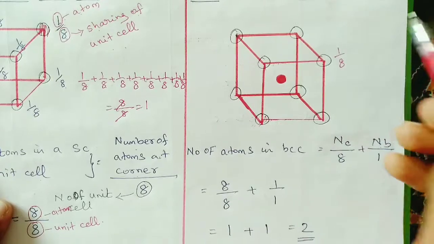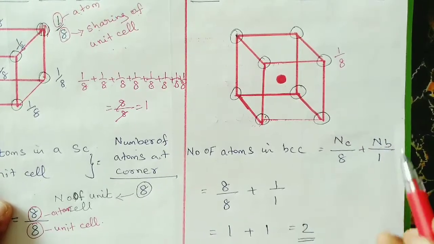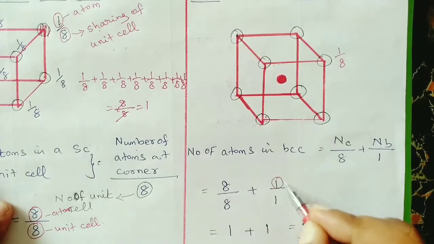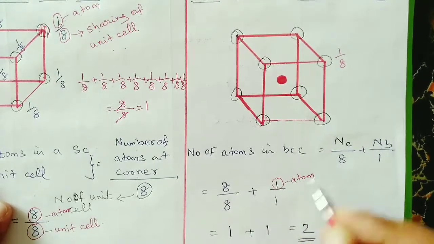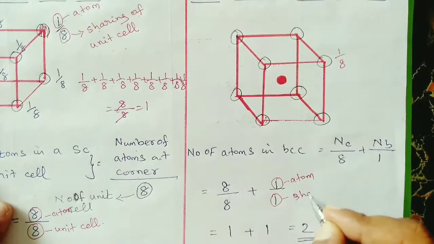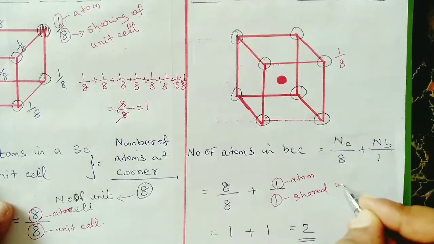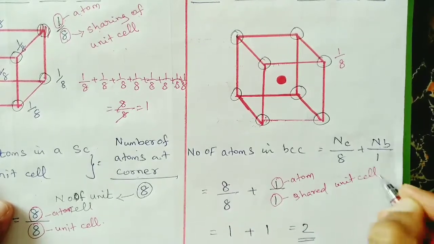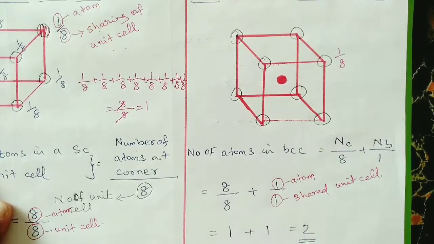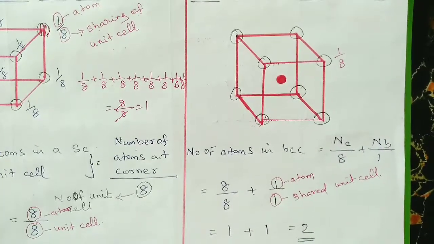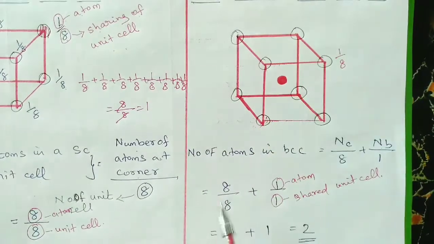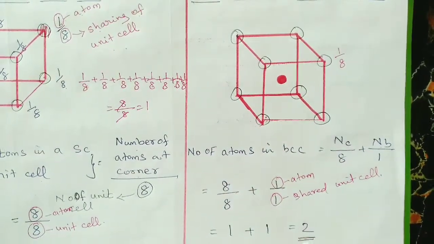So the number of atoms is 1, and the number of unit cells sharing it is also 1, so 1 divided by 1. Here 8 divided by 8 gives 1, so adding, we get 2. So the number of atoms belonging to the body centered cubic per unit cell is 2.